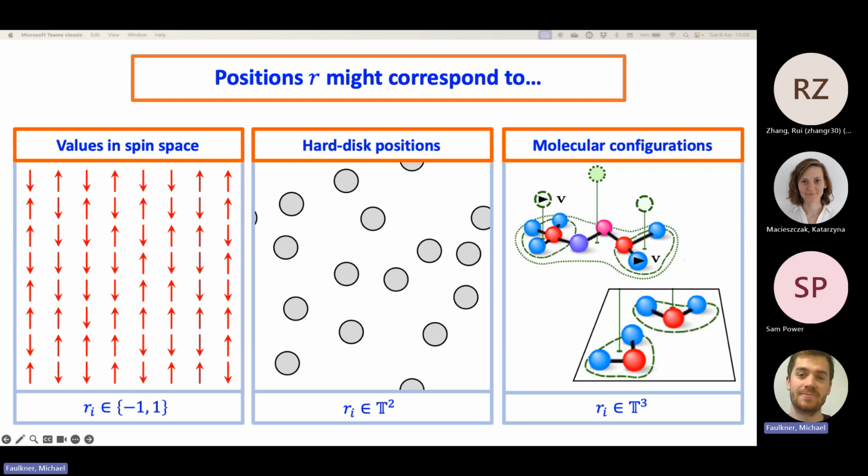So there are some element of that takes some position on this compact manifold. And then they also might denote some molecular configurations of some more complex models. So here's some water molecules or some longer chain polymer. And in this case, those sorts of models will typically be on T3. So you'll have a three-dimensional torus instead.